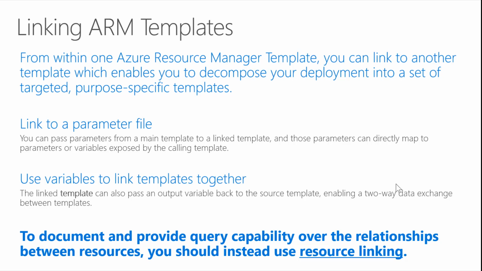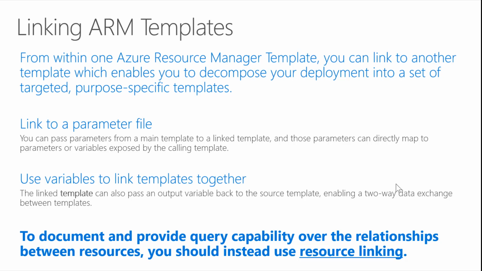Each of those could be in their own resource group, and maybe they have other things that are needed, but we don't necessarily want to deploy with those. But at deployment time, maybe there's a backend database that we want to link in there. So we can have one template linked to another, and therefore decompose your deployment into targeted, purpose-specific templates in the example I just described.